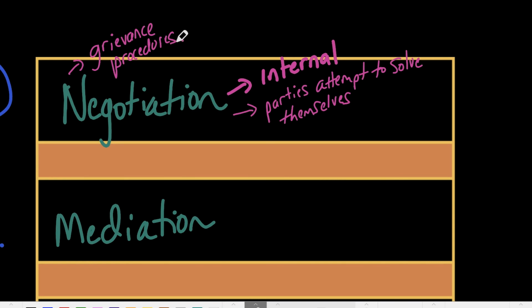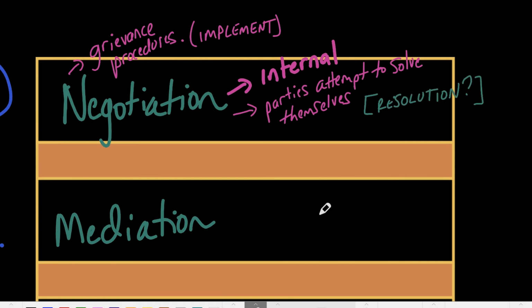So here we get a conflict between 2 workers, maybe between a worker and a boss, maybe between workers and the business itself, and the business is saying, okay, let's try and sort this out ourselves. Let us implement our grievance procedures and try and find a resolution. What we're trying to do here is find a resolution for all parties.